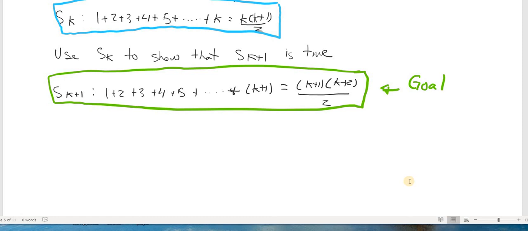Okay, so if you notice, this is an equation. So when you have an equation, you have two sides of an equation, right? Left hand side, right hand side. Let's see what this is. Left hand side.